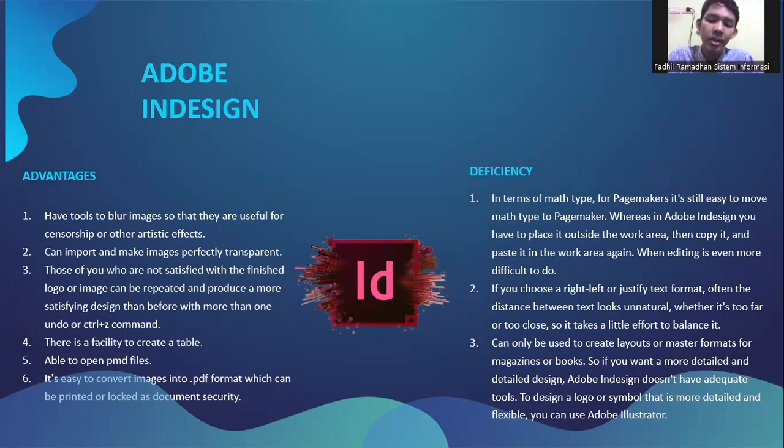Can only be used to create layout or master formats for magazines or books. So if you want a more detailed design, Adobe InDesign doesn't have adequate tools to design a logo or symbol that is more detailed and flexible.